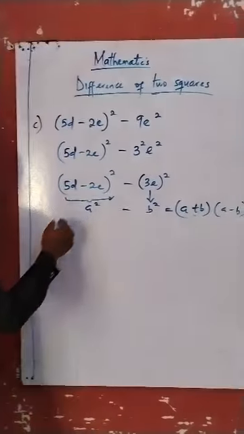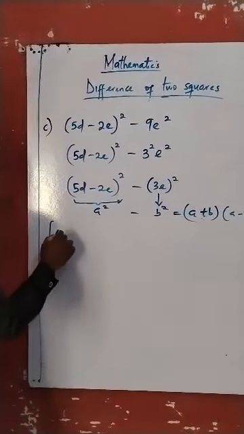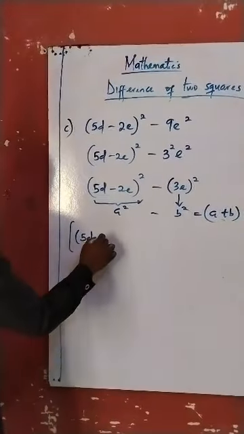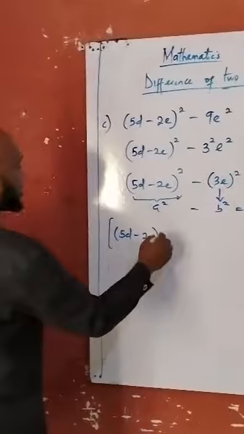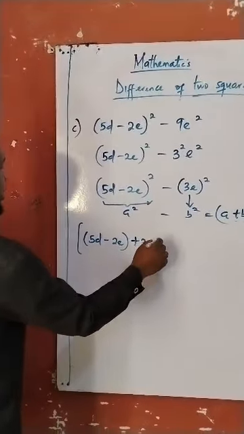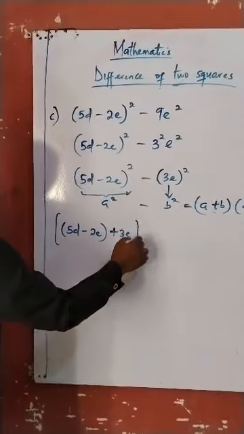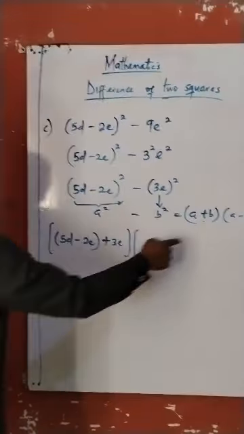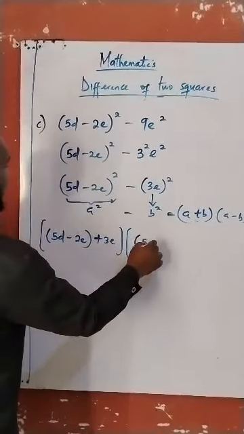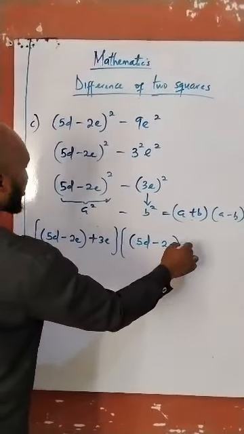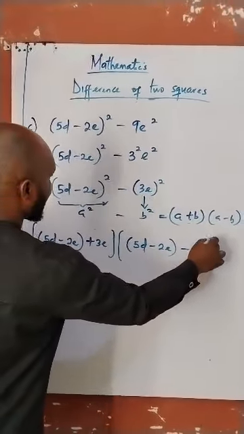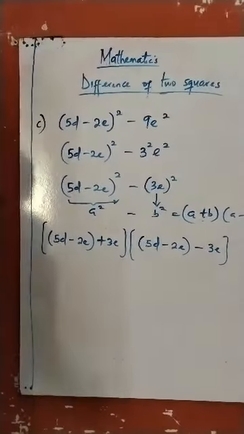My a in this case is 5d minus 2e, plus b. My b is 3e. Open another bracket. I have 5d minus 2e minus 3e. So I'm done with that.